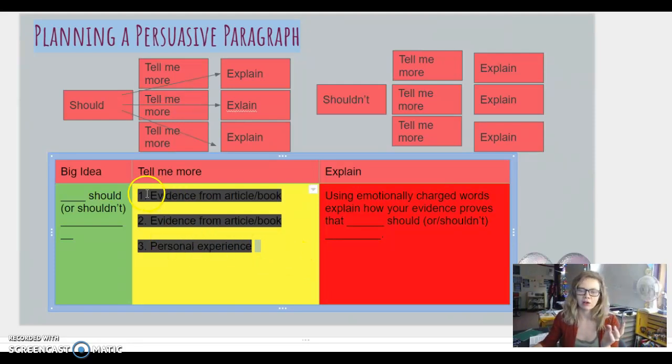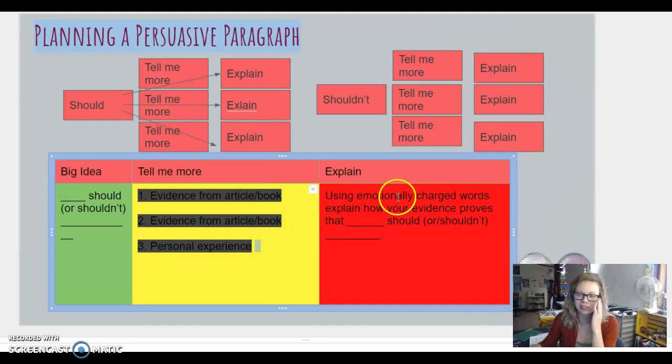So you'd have, for example, the Harry Potter book 1 says this, and then, for example, Percy Jackson's this, and then in my experience, you know, Harry Potter has been life-changing, and like I'm a Hufflepuff and it's amazing, blah, blah, whatever. Okay, I'm being silly, obviously, but you have textual evidence, quotes from either articles or books or speeches here, 2 of them, and then 1 personal evidence story.